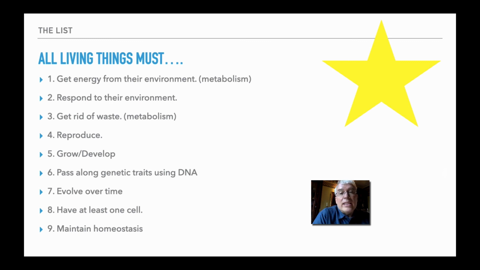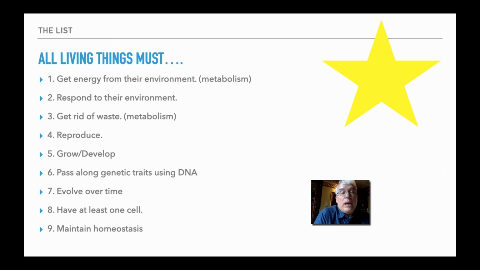So all living things have to do all of these processes or have all of these features. If you're missing one of them, something's wrong, okay? Now, we're going to explore in class some things in the world that people once thought were alive, but we now know are not alive.